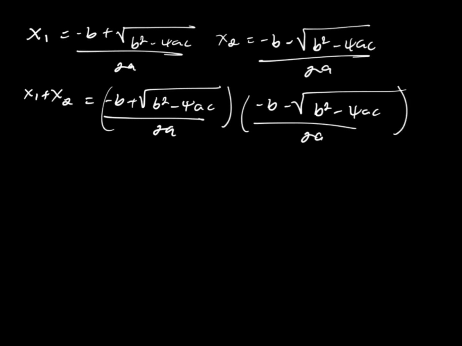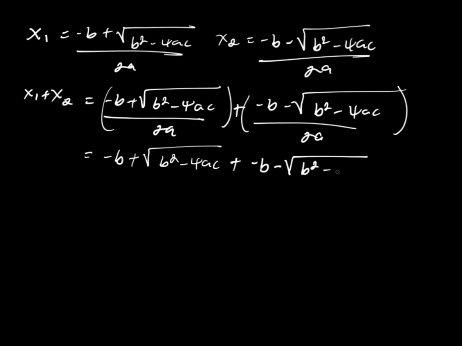Since they have the same denominator, I can add the numerators. So this is negative b plus root of b squared minus 4ac, and then plus negative b minus root of b squared minus 4ac, but the whole of this is divided by 2a.